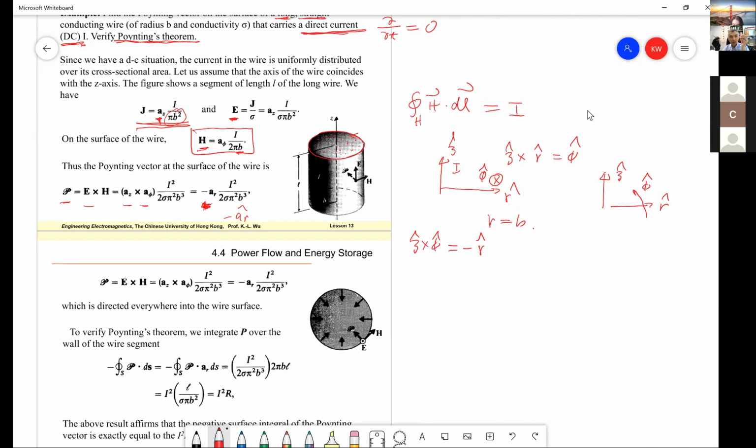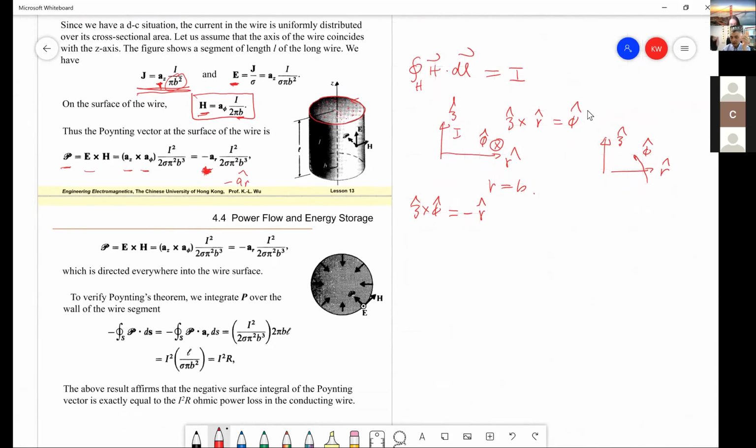The Poynting vector is still the power density. Power density is not the total power yet. Then let's calculate the total power. If the energy goes into the conductor, then I define my normal direction as going in. The normal direction, the differential area ds, equals minus R direction ds.